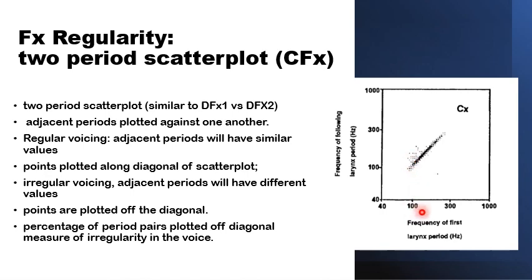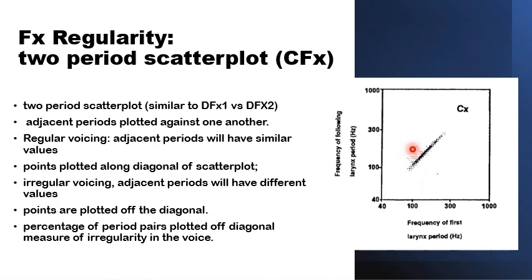So if you have a cycle of, say, 100 Hertz frequency on the x-axis, and the immediately following cycle has a frequency of 150 Hertz, the dot would be plotted in here.